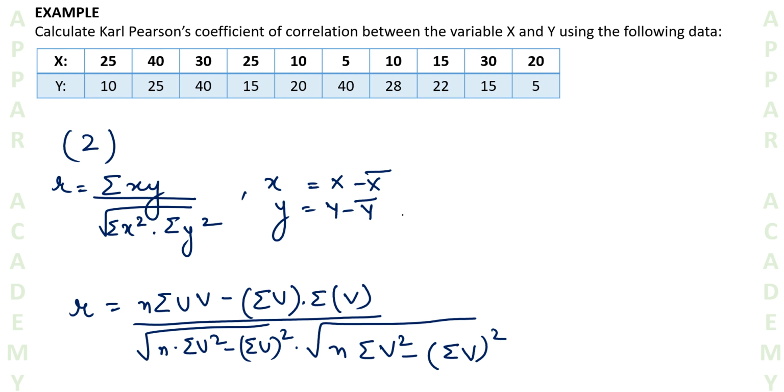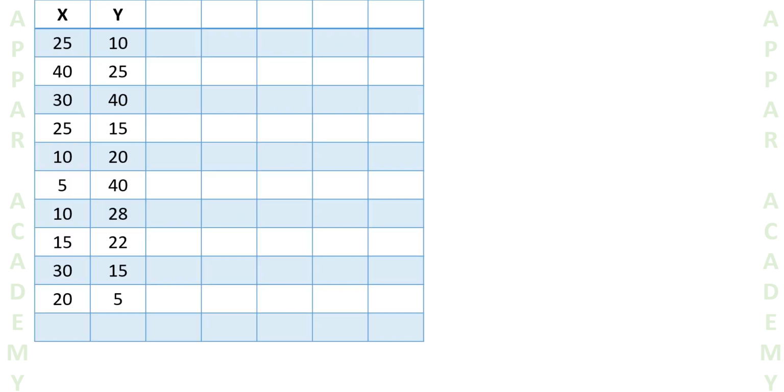I've just simply copied down the formula. So let's start with our first formula. Okay. So let's start. We are given x and y. Now for this, the formula that we will use, we have already discussed, that r is equal to summation xy upon square root of summation x square into summation y square. This is the formula that we'll use.